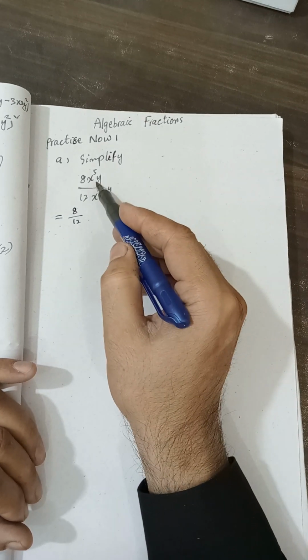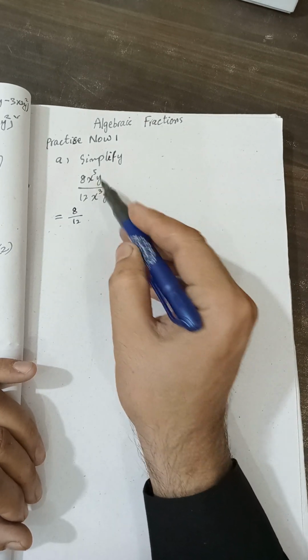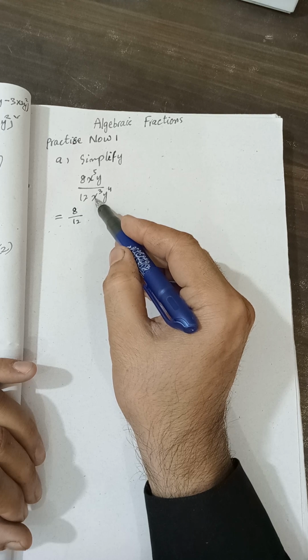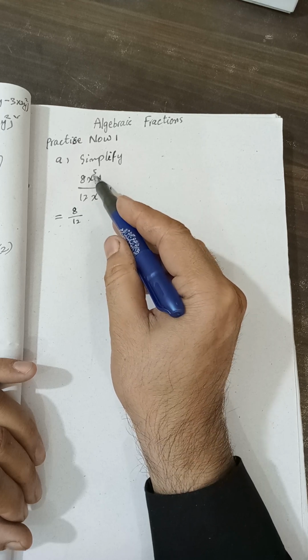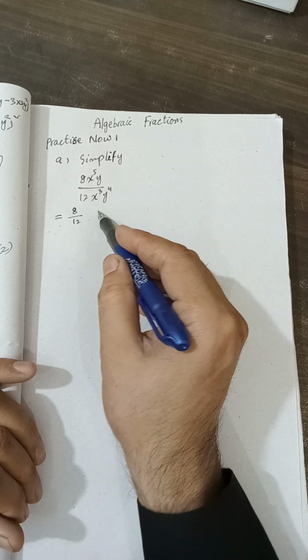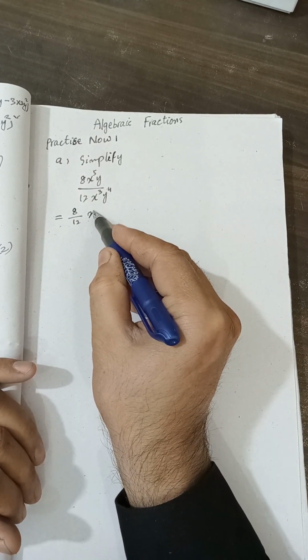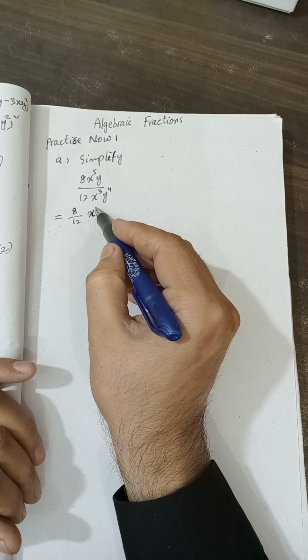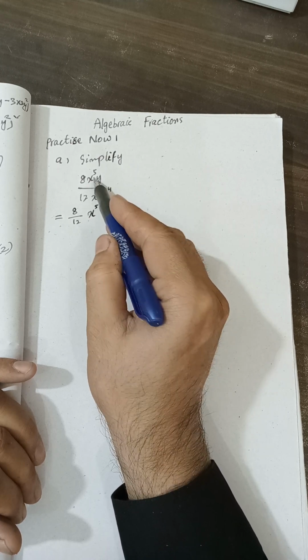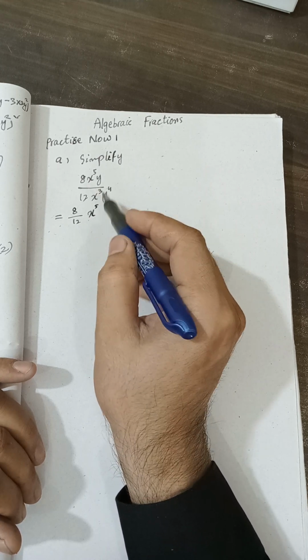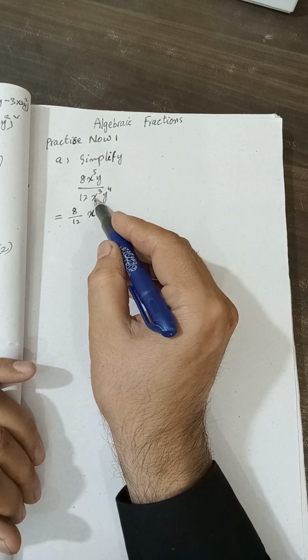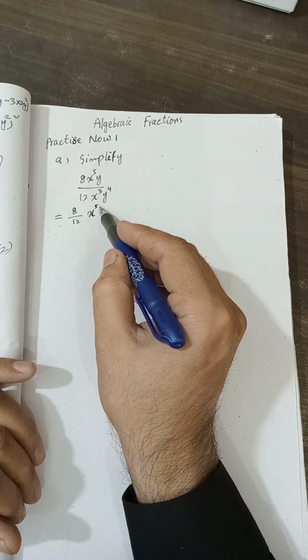Now you can see that here is base x and this is also base x. Because these bases are same, so you will subtract their power. So write x only one time, and there is 5 as the exponent of this base x, and this is also base x, so you will subtract its power.